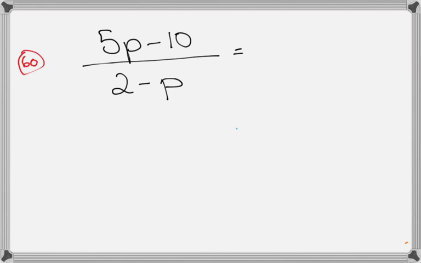What is the GCF? 5. So you factor out a 5, and that means you have a p minus 2, and the denominator cannot be factored.